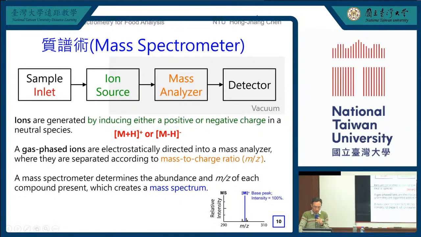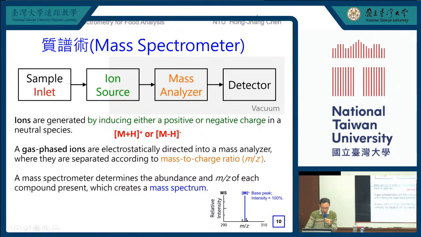So let's see what kind of information MS gives us. In general, we use the ion source because MS cannot detect every molecule. They just detect the ionized gas phase ion. So it's not that MS could detect everything. No, MS only detects the gas phase ion.